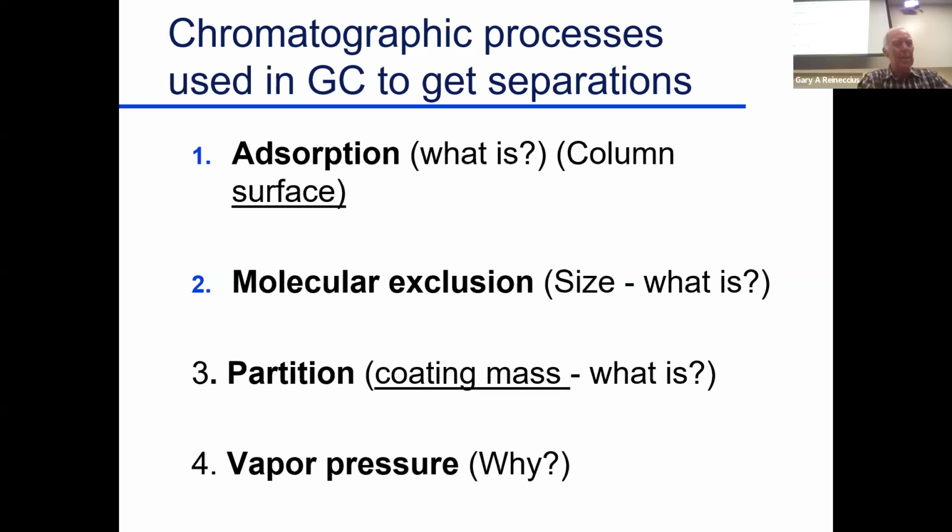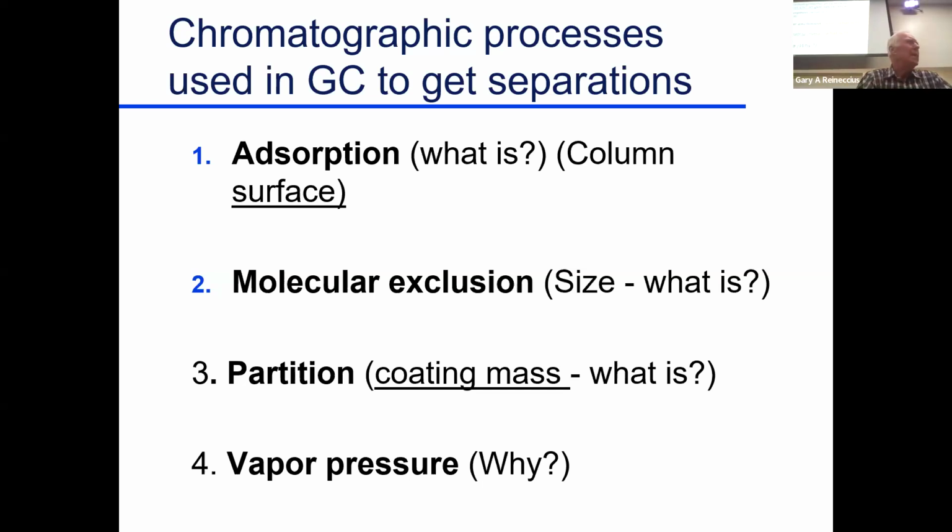So what kinds of chromatography do we take advantage of when we're doing gas chromatography? These are the four bases. Adsorption: your column has a coating inside, but it's a really, really thin coating. You don't get absorption into that coating, you just get a surface interaction.